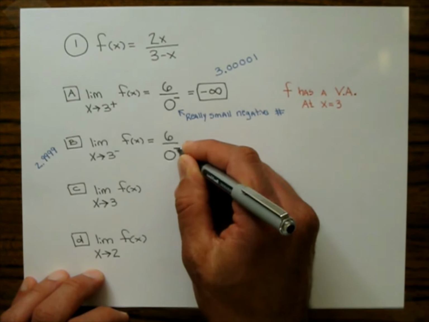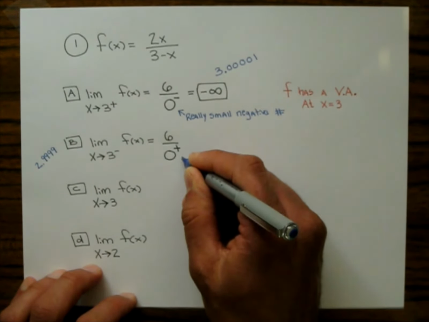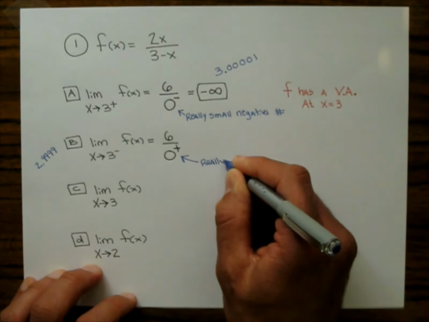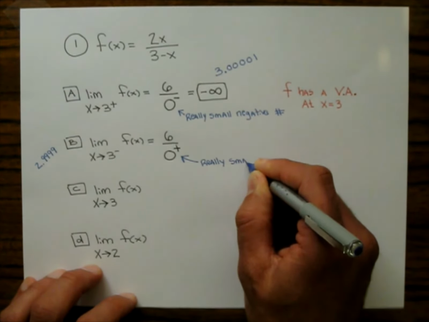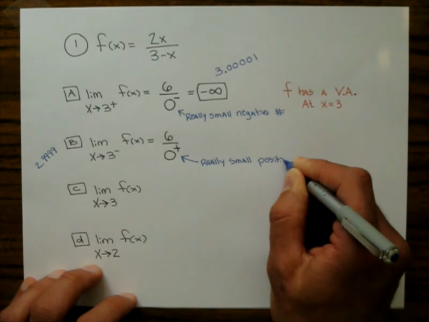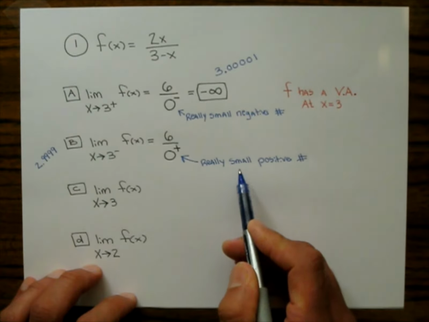So the notation for that is that right there. Let me put an arrow and say really small positive number. Now when I say small, I mean the magnitude.